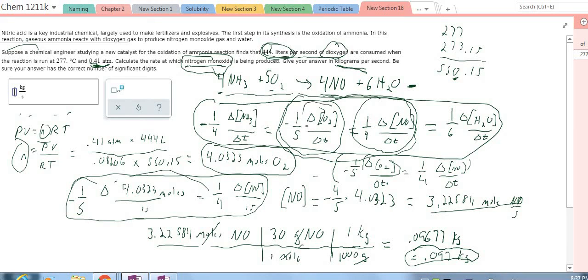I calculated my oxygen right there. That leaves me with just one unknown. And when I have that one unknown, that's easy algebra that I can do. Once I get that unknown there, then I can get the moles of nitrogen monoxide that are going to be produced in that 1 second.